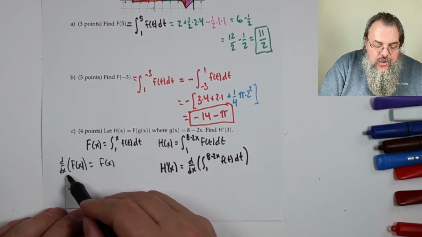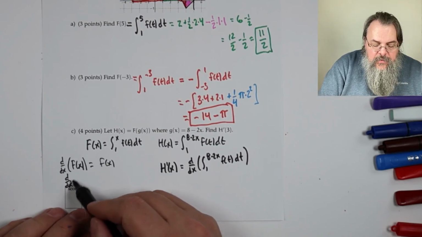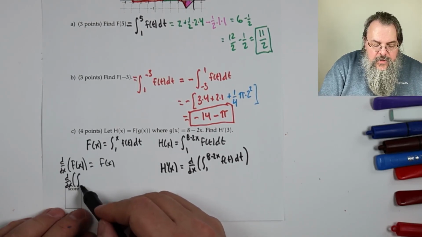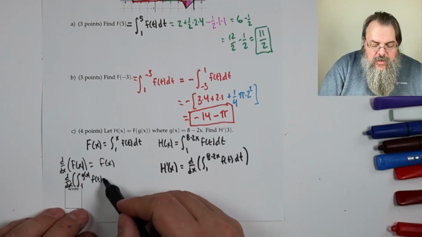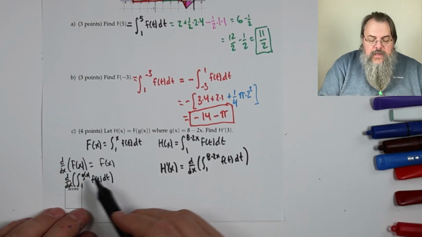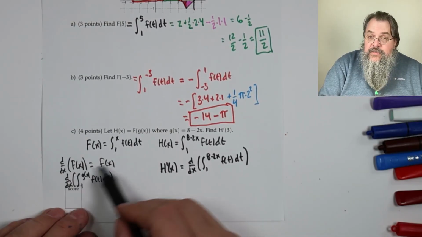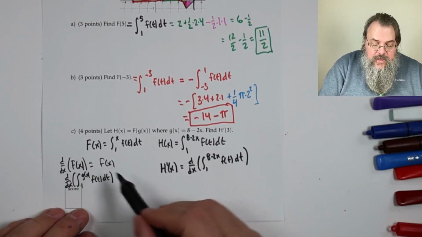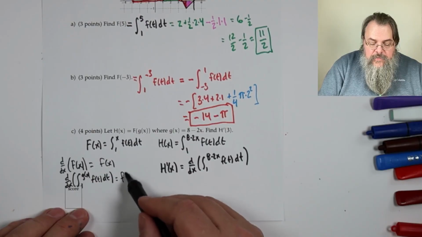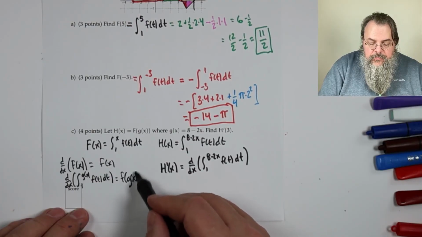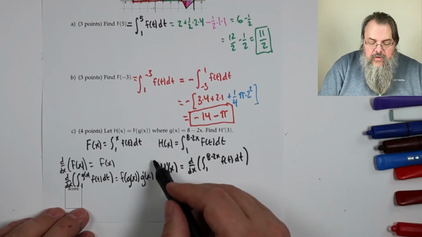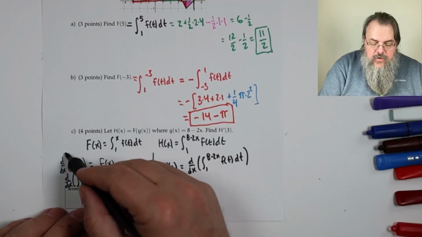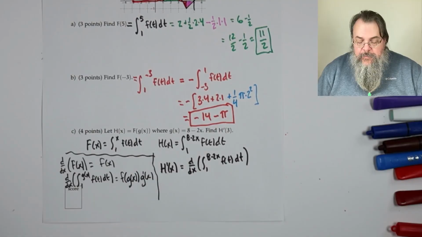And more generally, if you're taking the derivative of the integral 1 to g of x of f of t dt, well, the derivative of the outside, that's the capital F, is little f. So this becomes f of g of x, and then times the derivative of the inside, g prime of x. Okay, so there's our fundamental theorem of calculus type result.